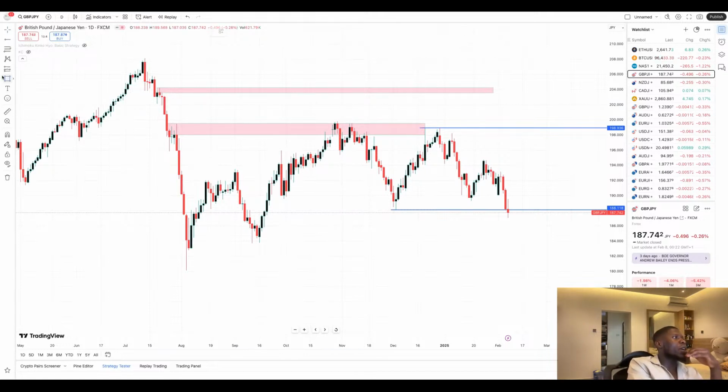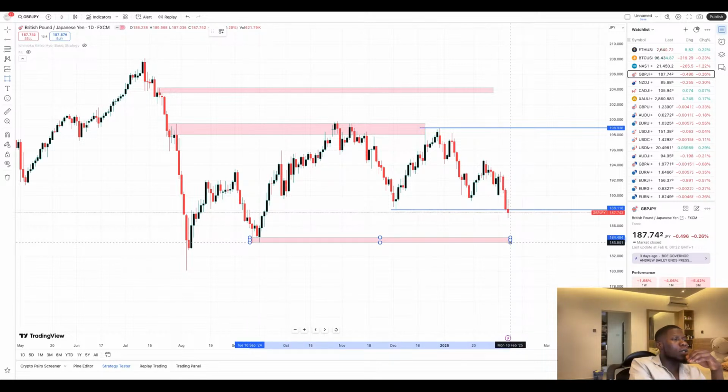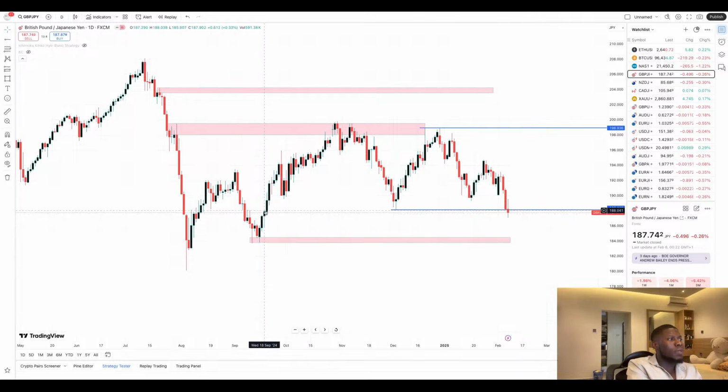I could only find, I have my area of supply zone here. I have the zone. You could look at my green candles, 1, 2, 3, 4, 5, without any single red candlestick. So this is a very important area in this chart.